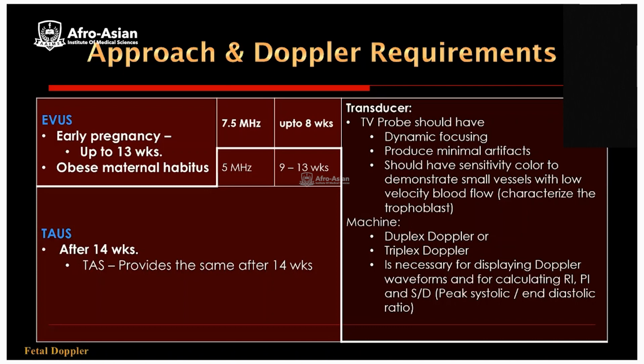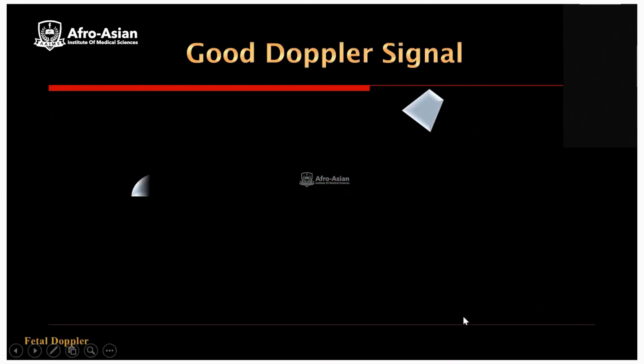So it characterizes it. Machine: the duplex Doppler or triplex Doppler is necessary for displaying Doppler waveforms and for calculating RI, PI, and SD ratios.